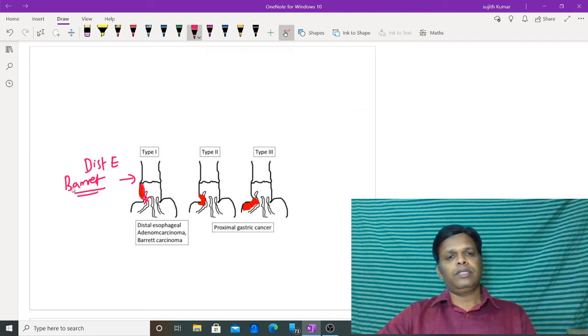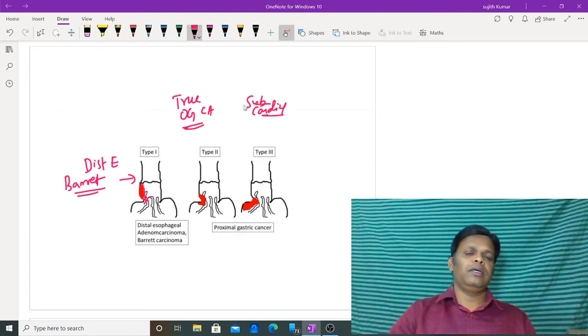Type 2 is a true OG junction carcinoma, that means exactly at the junction you will get a malignancy. Type 3 is a tumor in the subcardial region, just below the cardia. So these are the three types of the Siewert classification.